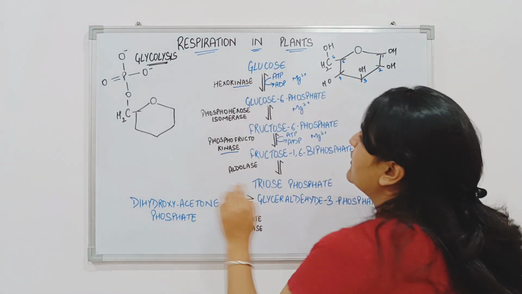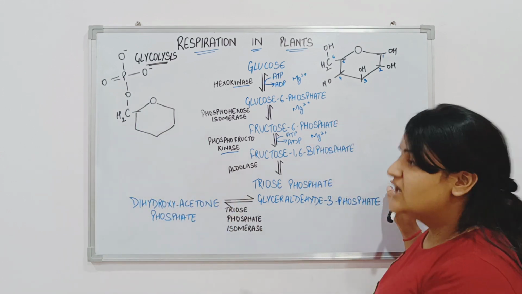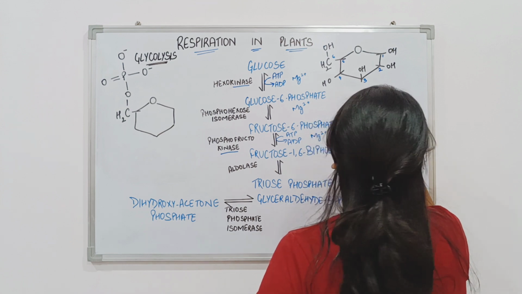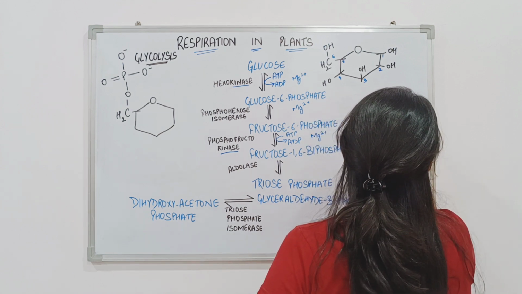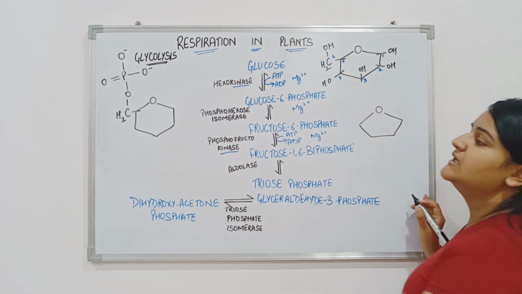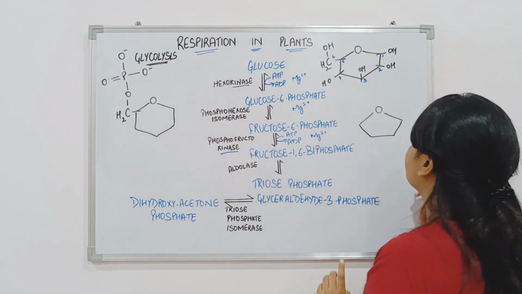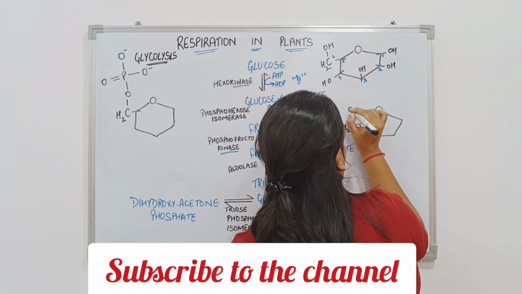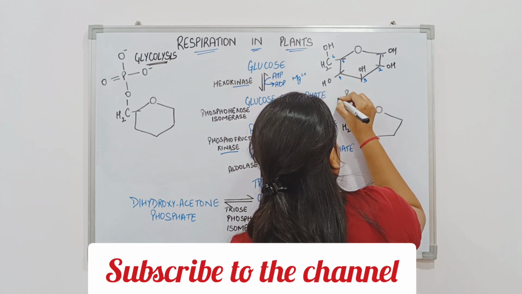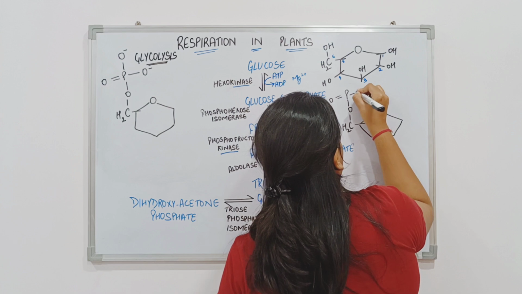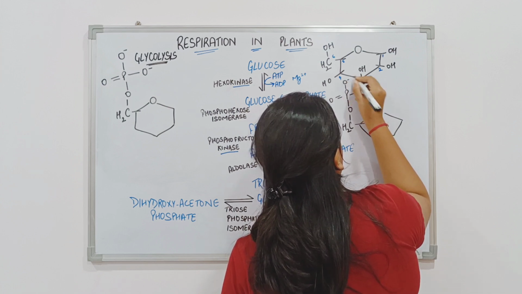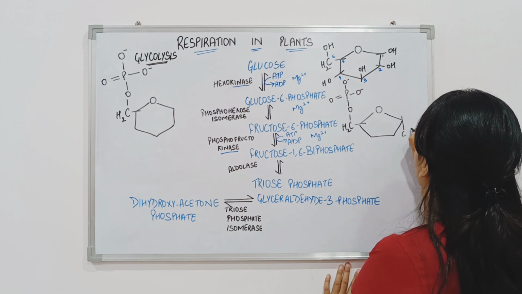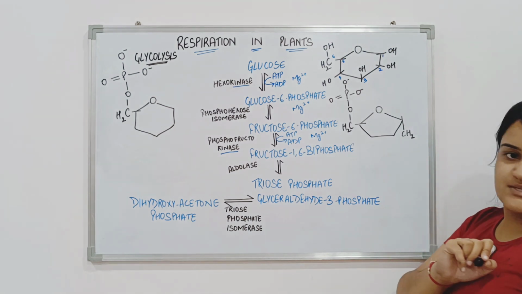Then fructose. Now here it is a hexagon. Fructose will be a pentagon. Okay. Now here CH2O is on the 6th position. O, P, double bond O, O negative, O negative. Right. On the first position also, the same way, CH2 is here.